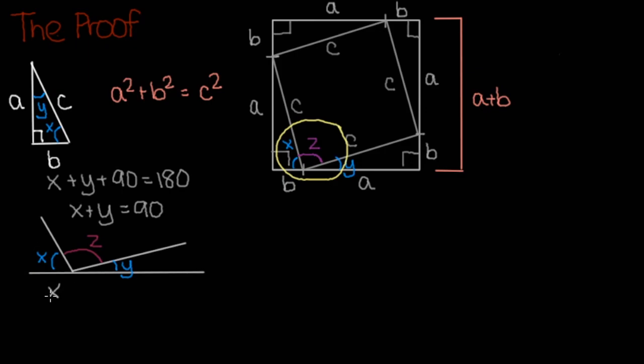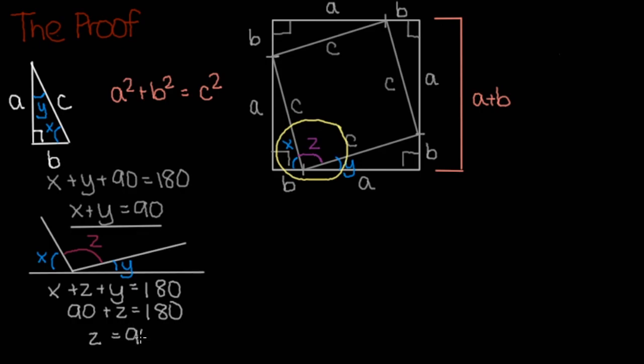We know that x plus z plus y must equal 180 because this is a 180-degree angle. We know that x plus y equals 90 from this statement over here, and thus we can say that 90 plus z equals 180. Subtracting 90 from both sides, we get that z is 90.